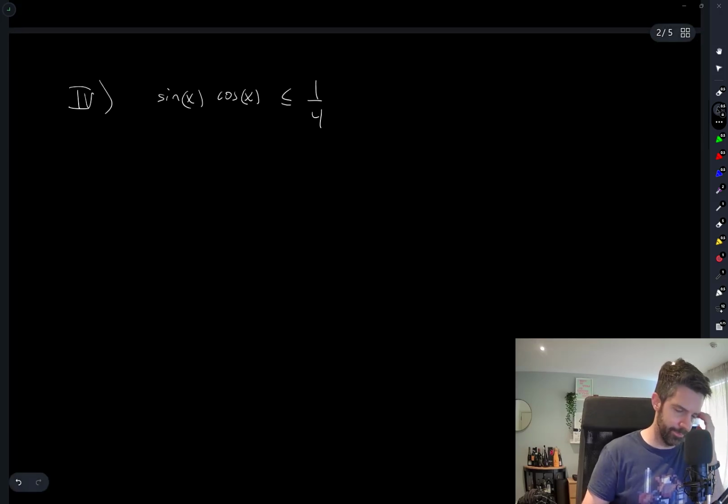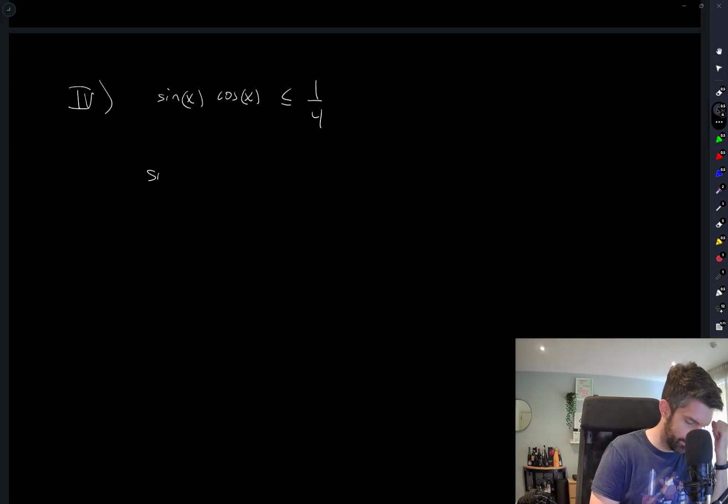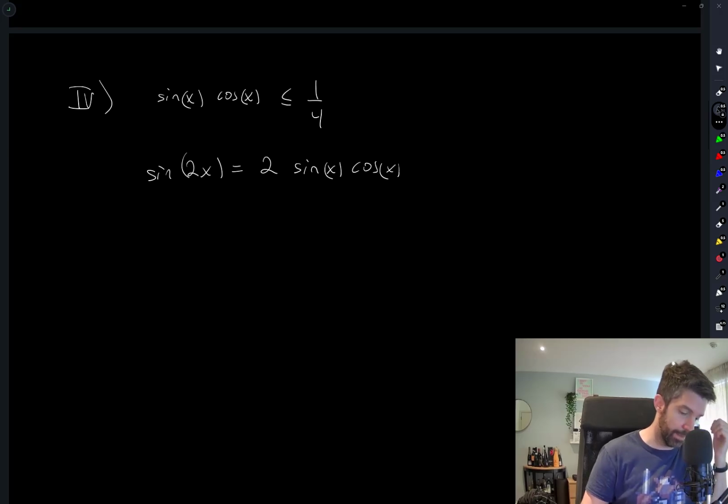And let's look at statement 4. Sine x cos x is less than or equal to 1 over 4. Well, sine of 2x is equal to 2 sine x cos x.